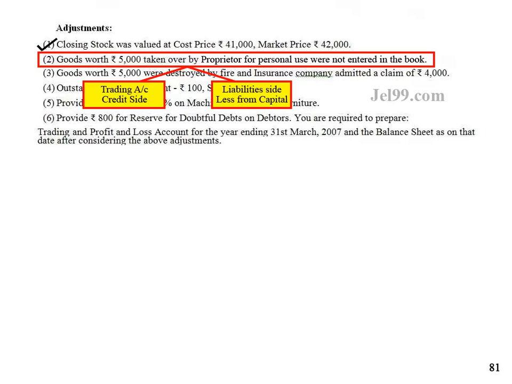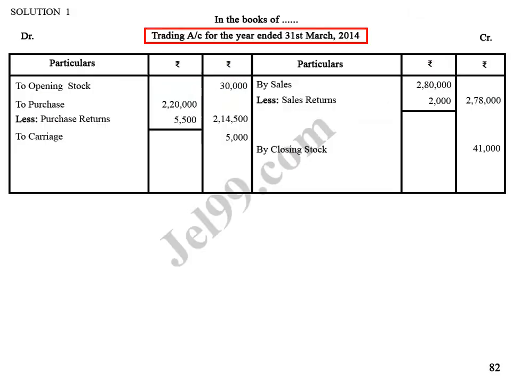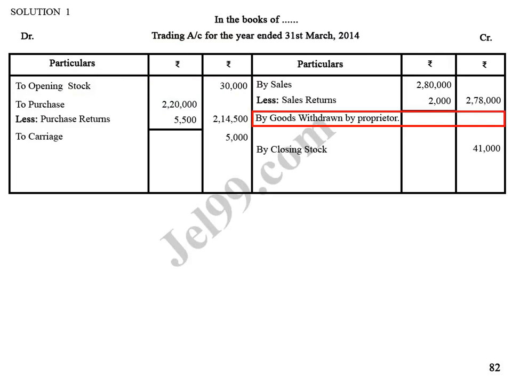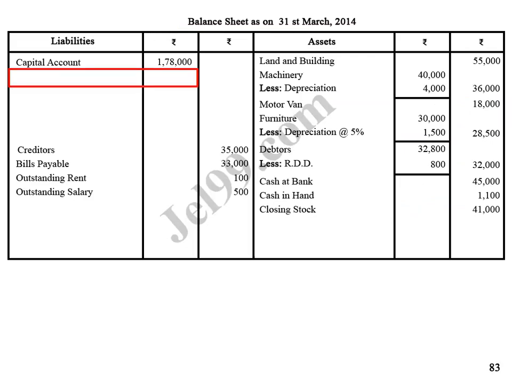Let's see its first effect: it is shown in trading account, credit side, by goods withdrawn by proprietor ₹5,000, as goods go out. The second effect is recorded in balance sheet, liabilities side, less from capital, as less drawings, goods, ₹5,000, so 1,78,000 minus 5,000 is equal to 1,73,000, as such goods are withdrawn by proprietor for personal use, hence it is shown in balance sheet, liability side.